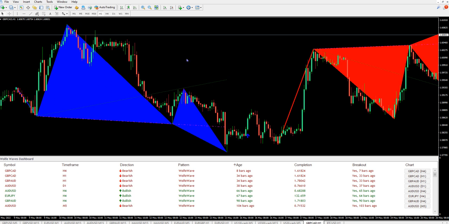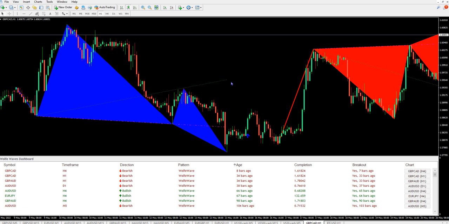Now, one thing I want to point out is the target line. Part of the Wolfe Wave pattern is that you take this bottom point, the start of the wave, and draw the trend line through the fourth wave of the third, 2, 3, 4.